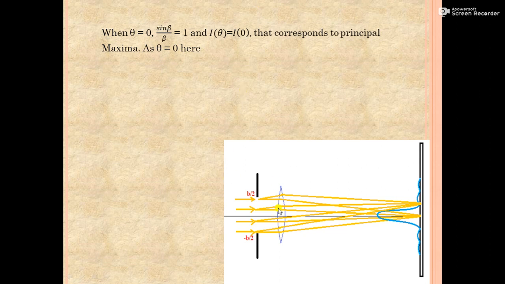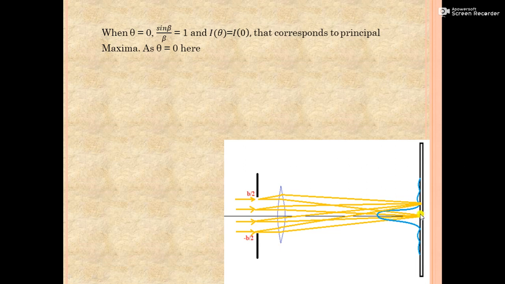Let us consider the geometrical consideration of light traveling. If the light travels in this direction, in the presence of the lens, the light traveling through the lens would get focused at the center, at the focal plane here.